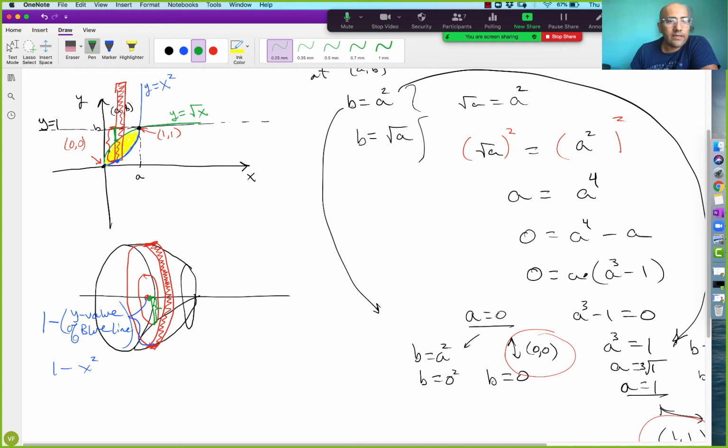This little space right there, that'll be the radius of this empty coin in the center, the hole we're going to take out from our coin. And that distance right there is going to be 1 minus the y value of this green line. Good. So this little distance right there is going to be 1 minus the y value of the green curve.